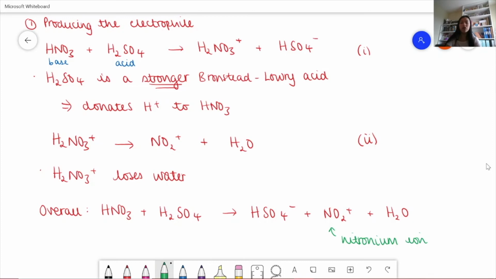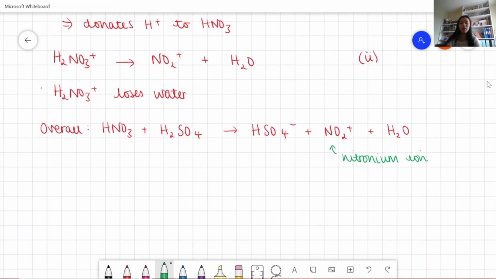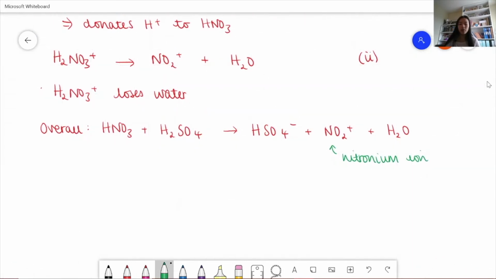So now we get on to the actual substitution. So what we have is step 2, the electrophilic substitution. So we first draw out a benzene.